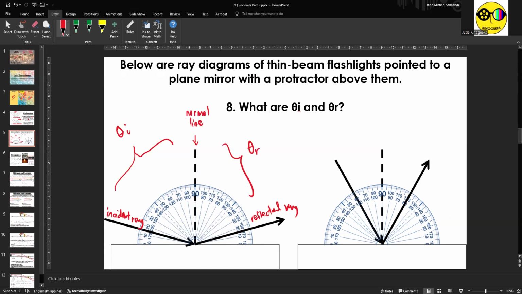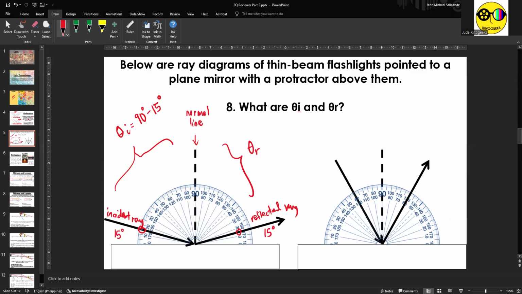In our protractor, the incident ray here is positioned 15 degrees from the plane mirror, while the reflected ray is also positioned 15 degrees from the plane mirror. So how are we going to solve for theta I and theta R? For theta I, all we have to do is subtract from 90 degrees, which is the angle of the normal line because it's perpendicular to the reflective surface, the incident ray, which is 15 degrees.